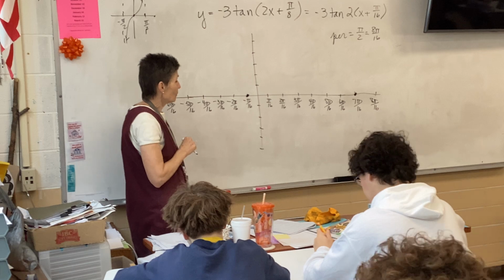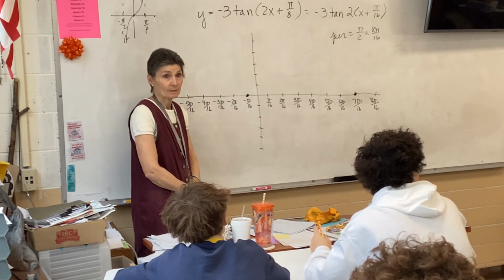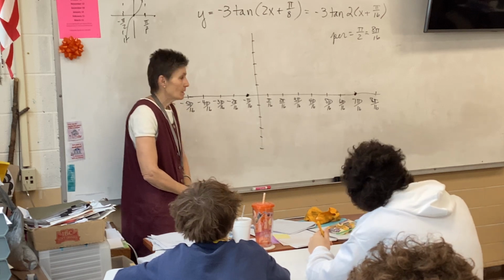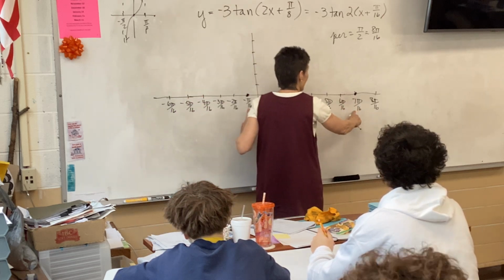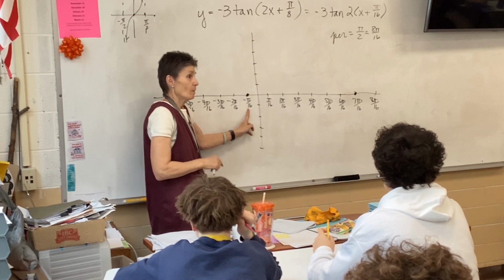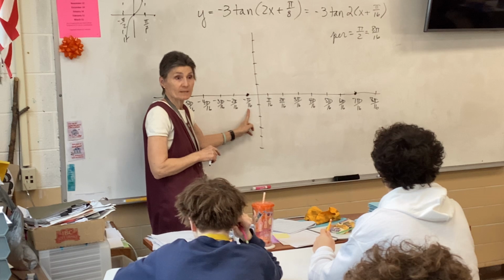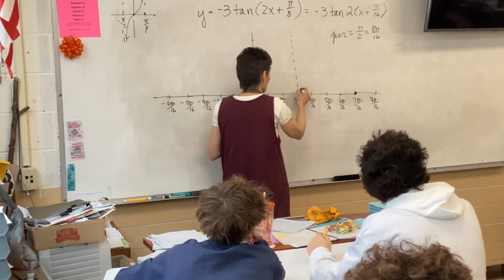And then I know that halfway in between, there'll be an asymptote. So from -1 to 7, I was going to do the midpoint. -1 and 7 is 6, and half of 6 is 3. So there's an asymptote here.